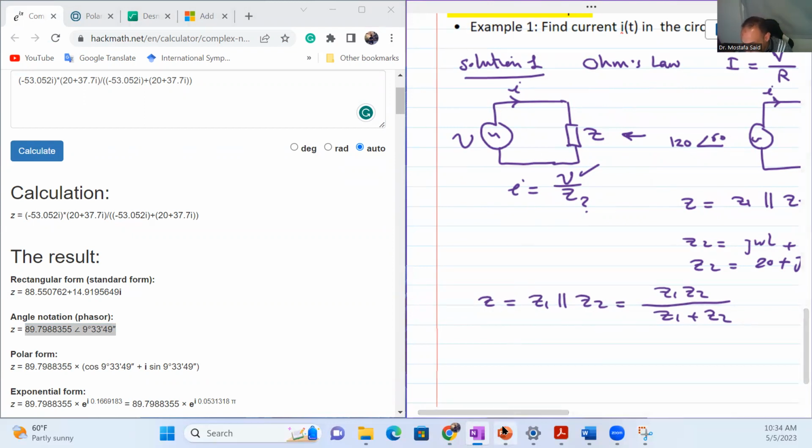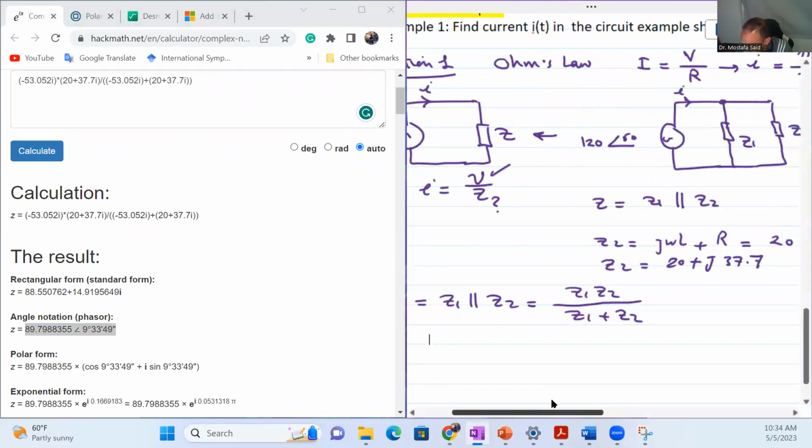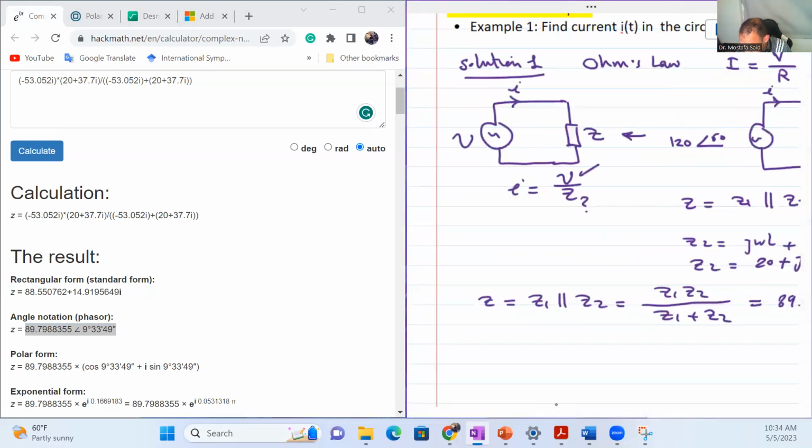So we're going to take the angular form. So Z is equal to, in the angular form, 89.8, angle 9.33. Okay, that's basically Z.